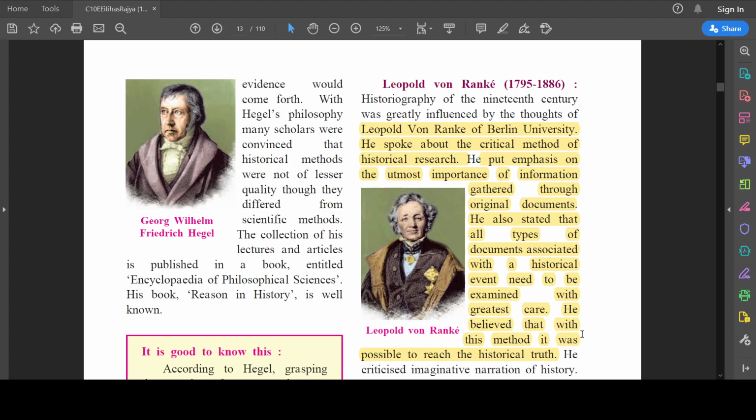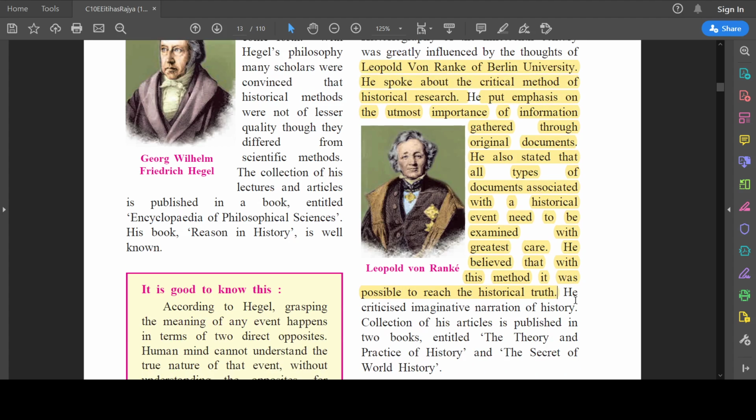I think one more point will be required. Add one more point, children. That's your fifth and the last point. He criticized the imaginative narration of history. So answer 6.4, 5 points.